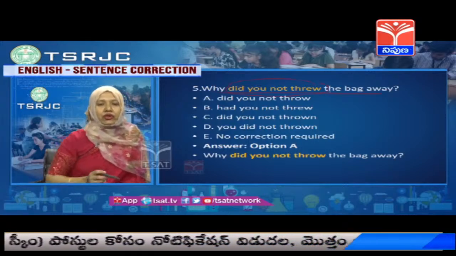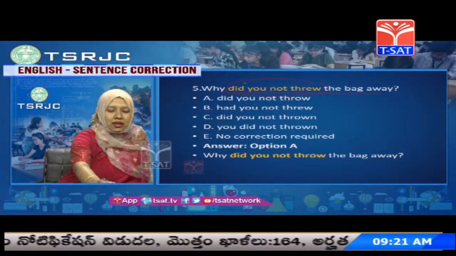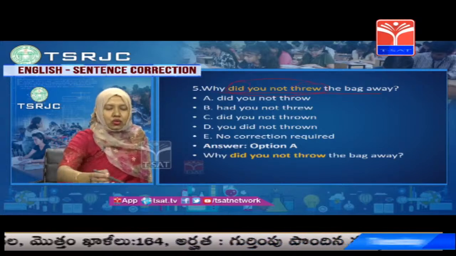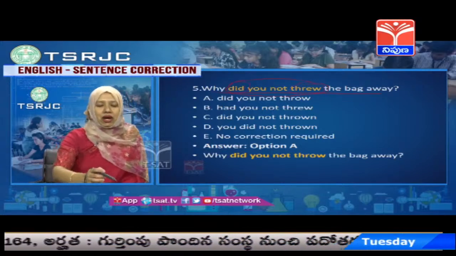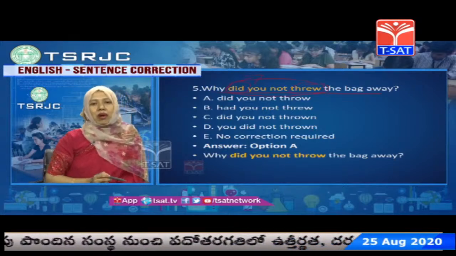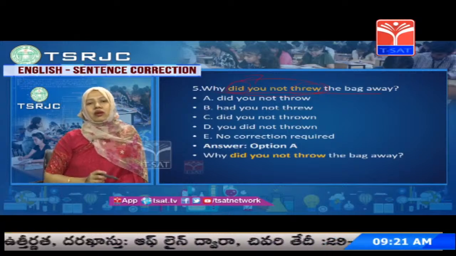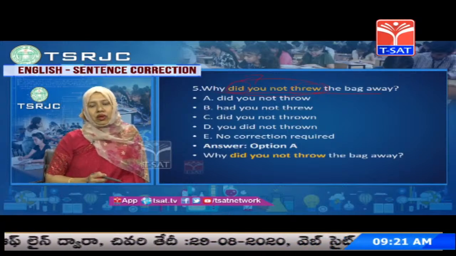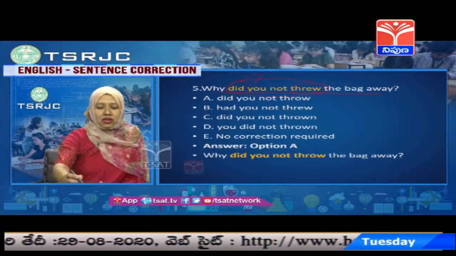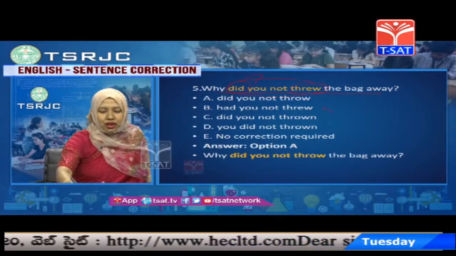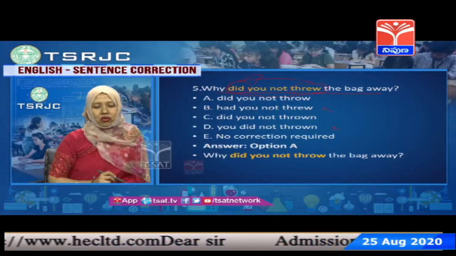Why did you not threw? Past tense cannot be used. If the helping verb is in past tense, here did is already in past, you cannot use one more main verb in past form. So this is wrong. Wherever threw is there, or thrown is there, it is wrong.